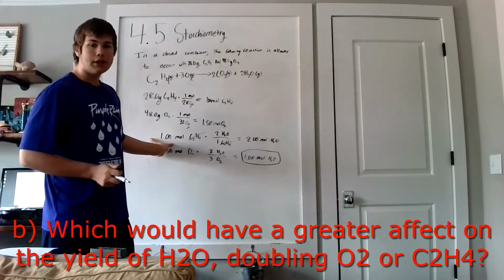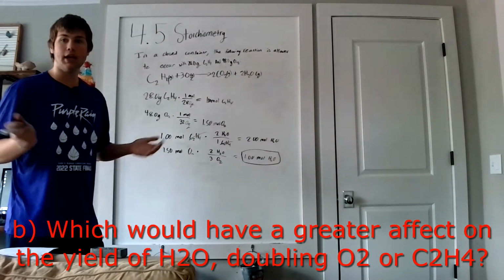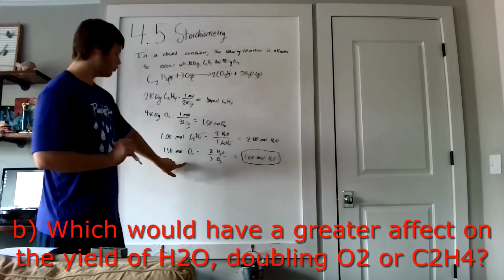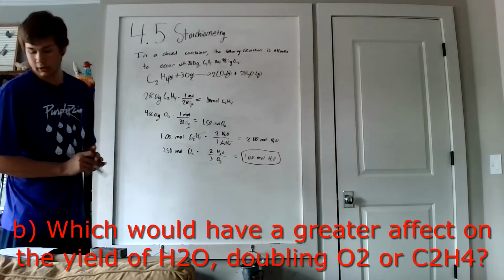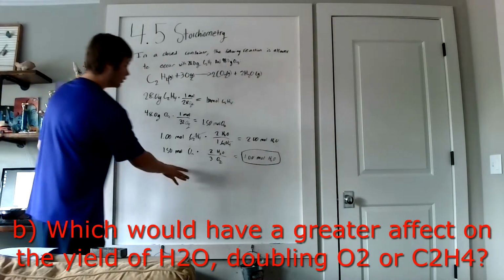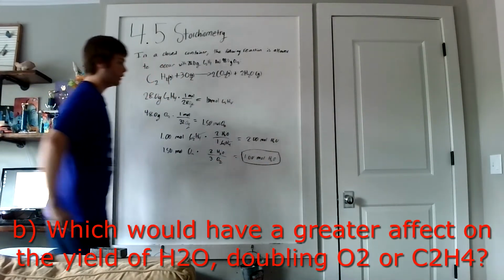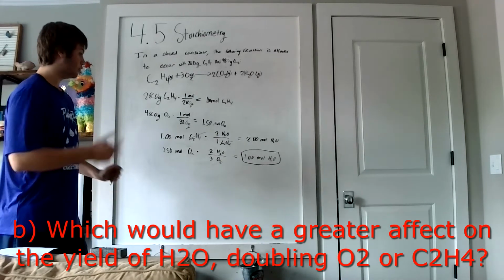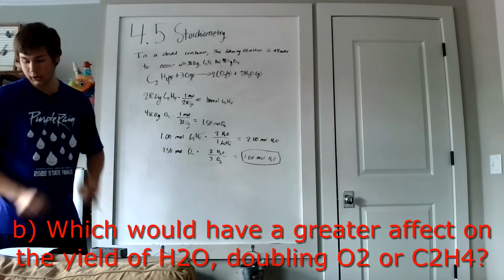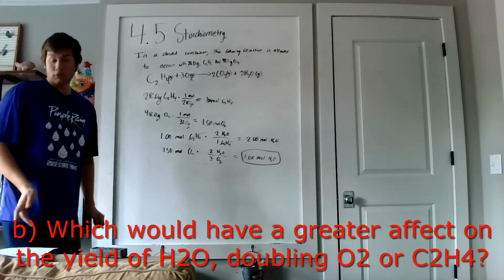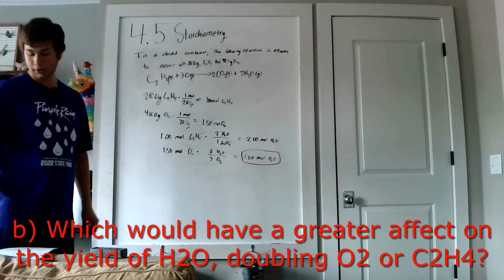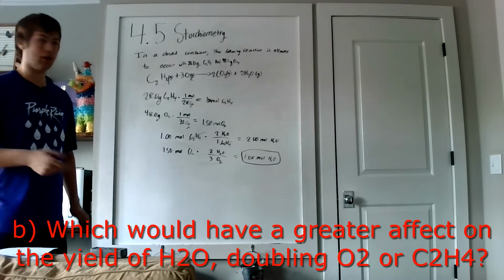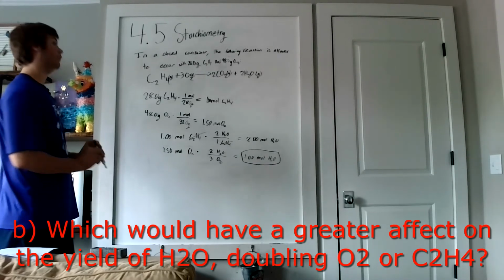Increasing the amount of C2H4 is not going to increase the amount of reaction happening because O2 is limiting. O2 is going to stop that from happening anyway. But if we double O2, we double this number, and we would have 2 moles of H2O. So doubling O2 will have the greater effect on increasing the reaction.